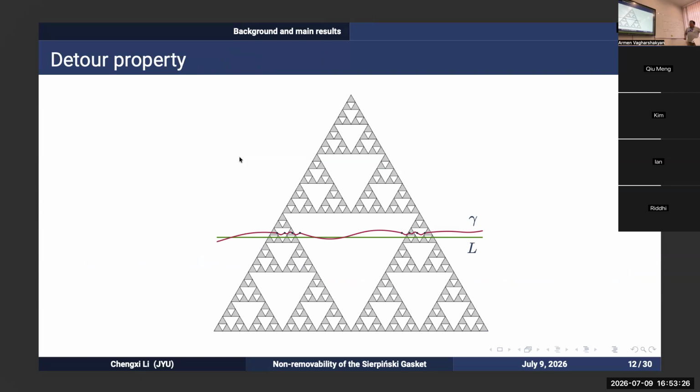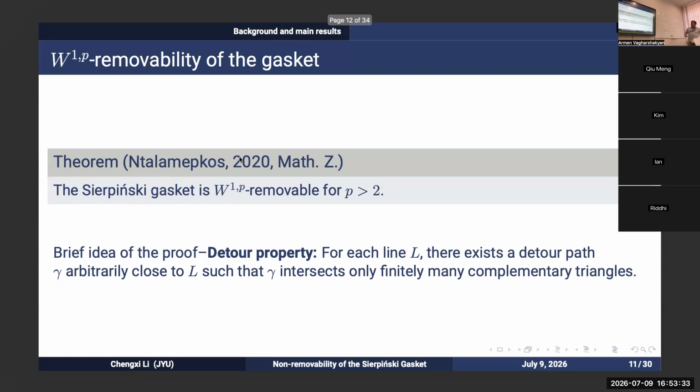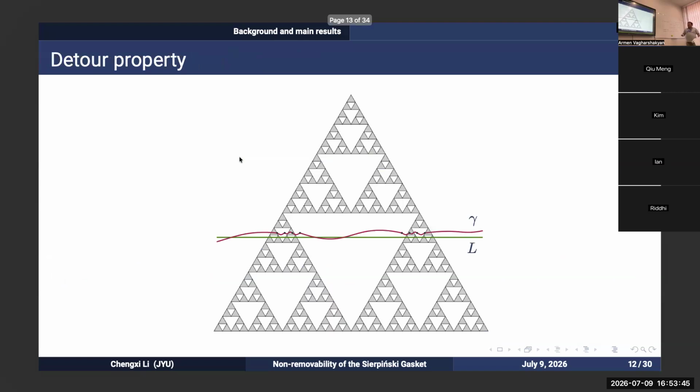It's called the detour property. It means that for each line L, there exists a detour path gamma arbitrarily close to the line such that gamma intersects only finitely many complementary triangles. So it's just like this.